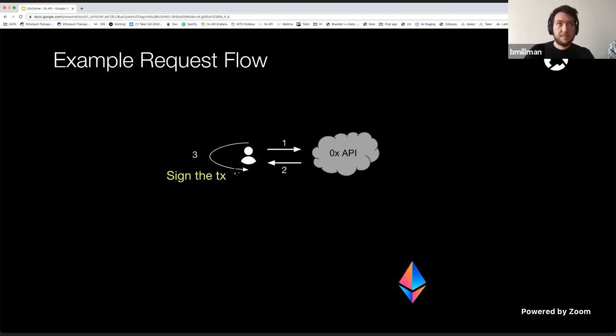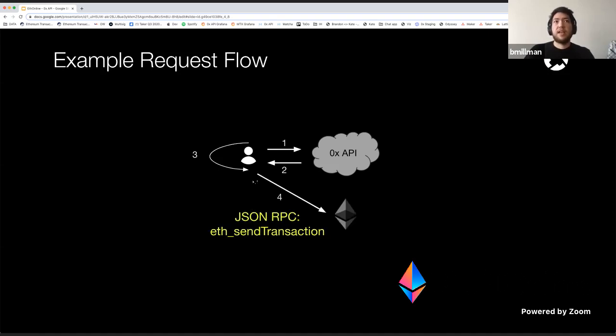In the third step, the requester signs the transaction using whatever method they choose. And then the fourth step is that the transaction, once signed, gets sent over to the Ethereum mempool, also through whatever method you prefer, whether that's running your own node, Infura, Alchemy, etc.